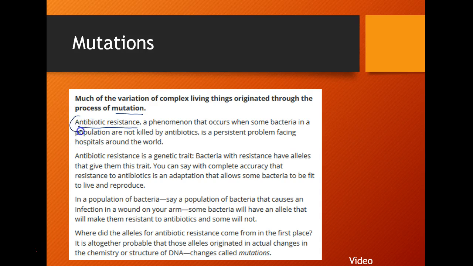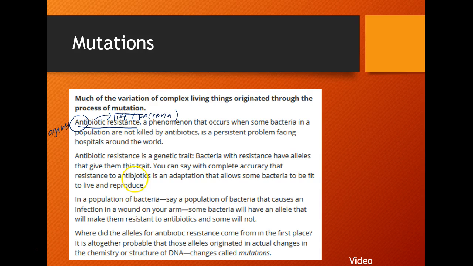Anti meaning against, and biotic, we can think of it as against life, or we usually think of it as against bacteria. So antibiotic resistance would be resisting against something that kills life.